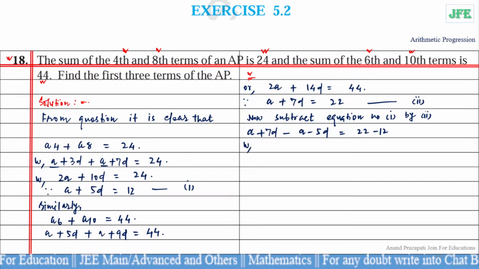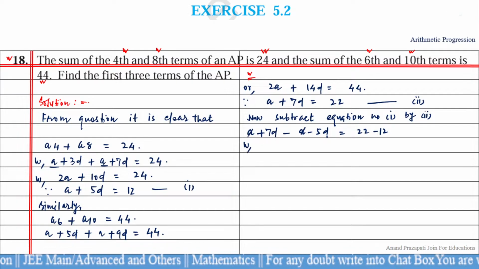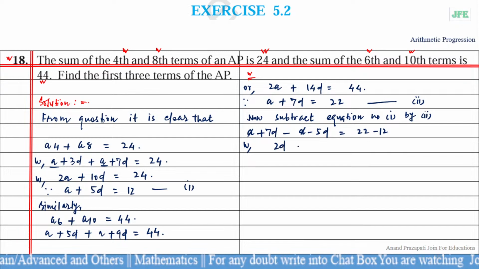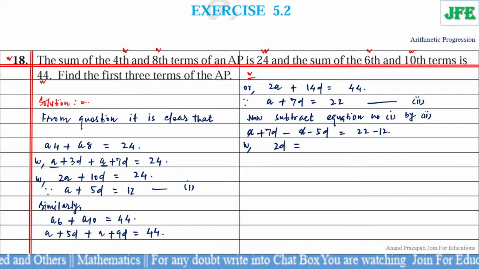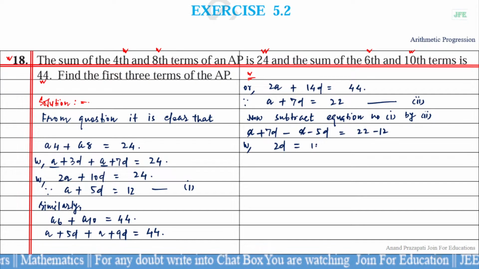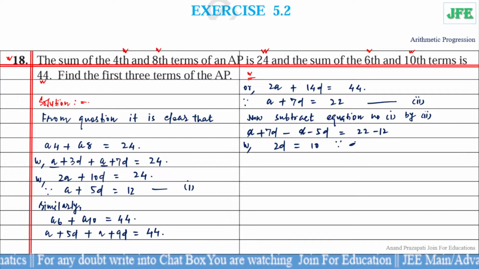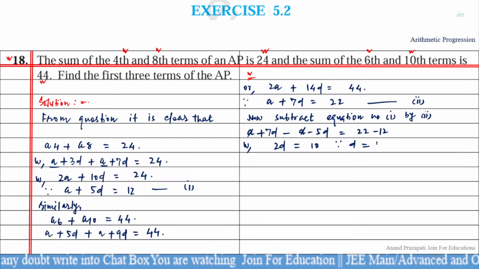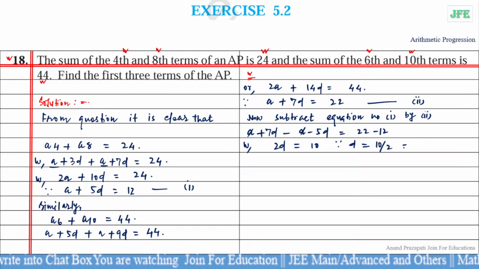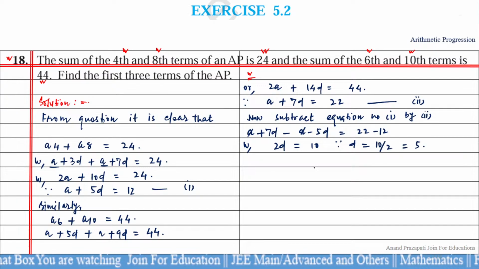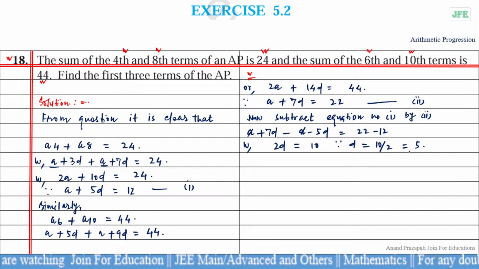So we cancel out a, and 7d minus 5d equal to 2d equal to 22 minus 12, here it will be 10. Therefore here d equal to 10 by 2 equal to 5. There is no problem to understand up to this step.